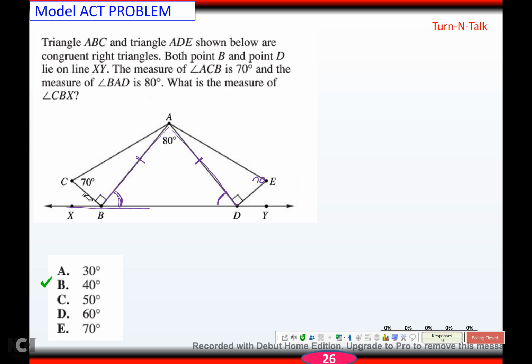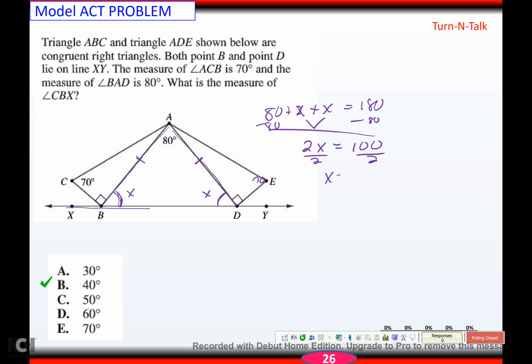Okay, so if my base angles are equal, to figure out the measure of that angle, I can say 80 plus x, because I know these have to be the same measure, has to equal 180. So I'm going to minus 80 and combine like terms. I get 2x equals 100.